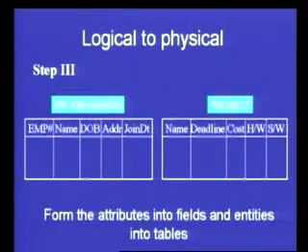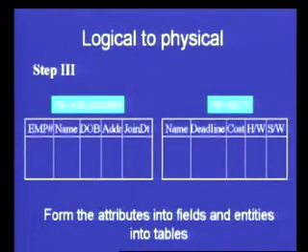Now let us go to step 3. This is the most important step wherein you are converting from logical to physical. Here the programmer object is the title of one table. The project object is nothing but the title of another table. All the attributes listed for the programmer object are shown as the fields in the programmer table, and all the attributes that have been listed for the project object are shown as the fields of the project table.